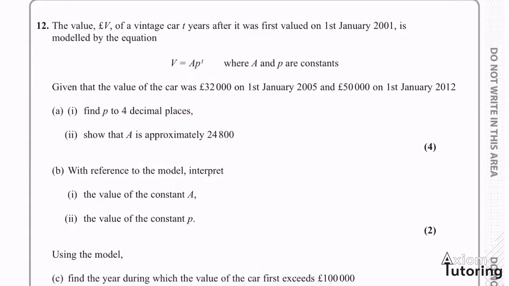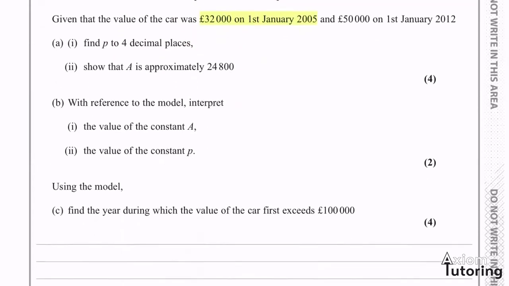So let's extract some of the information given in the question so we can do this. If the value of the car was 32,000 on the 1st of January 2005, then for that valued price of 32,000, obviously that's in pounds, but I'm just going to leave out the units so we can focus on the numbers.